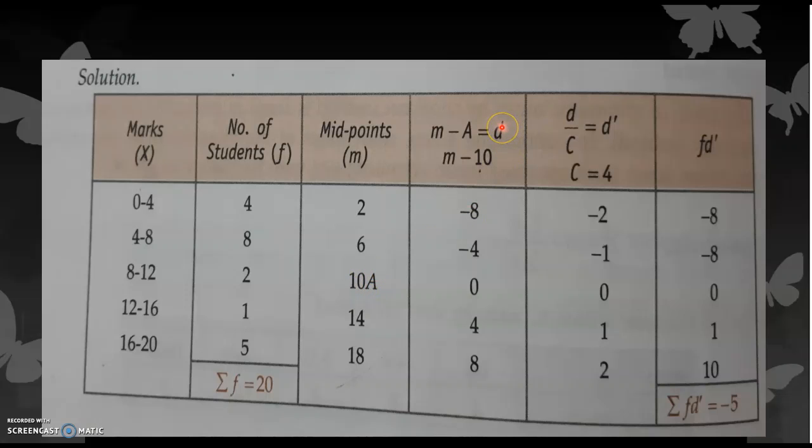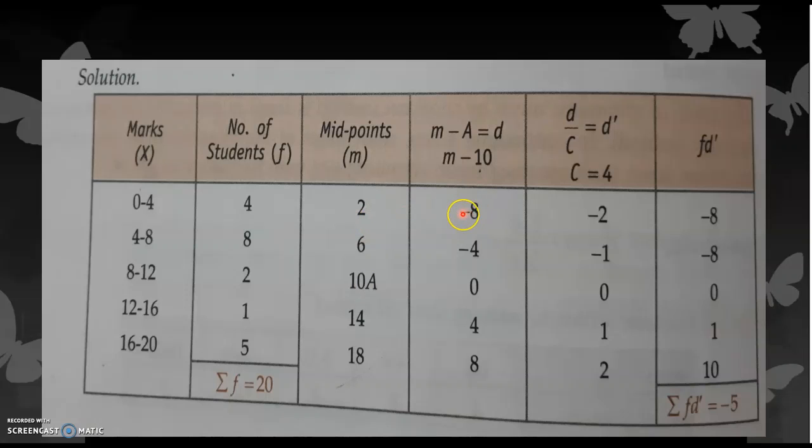For getting D, we have to subtract the assumed mean from these midpoints. M minus A is equal to D, where A is 10. So first, 2 minus 10, we get negative 8. Don't forget to put the signs.